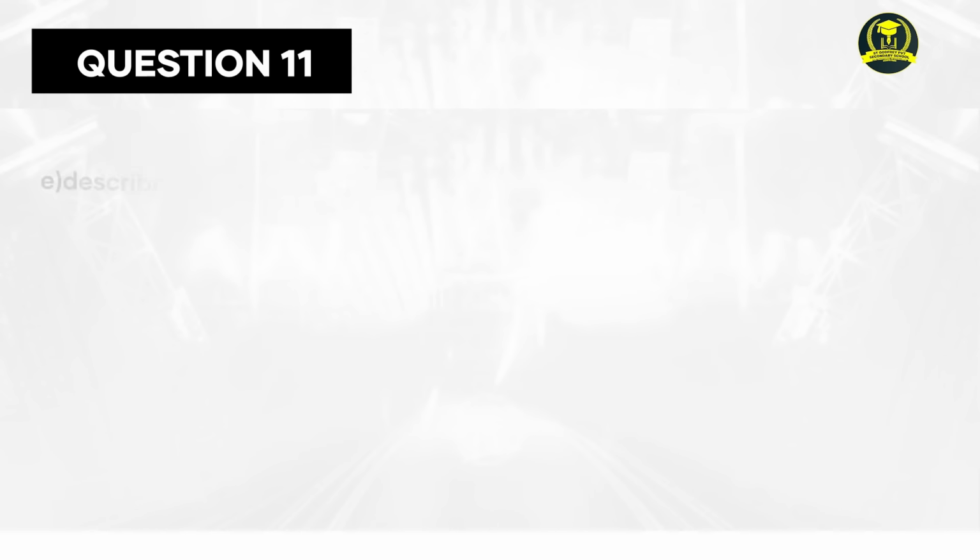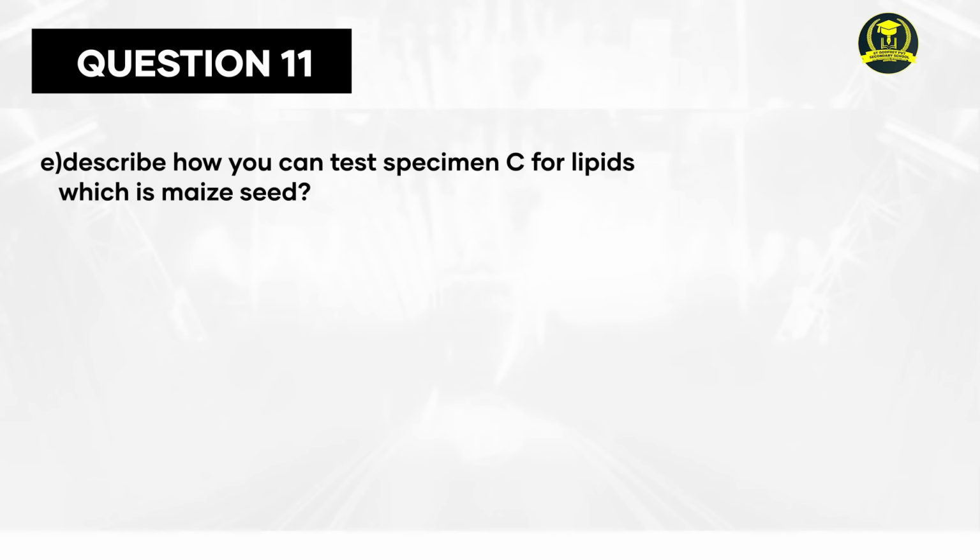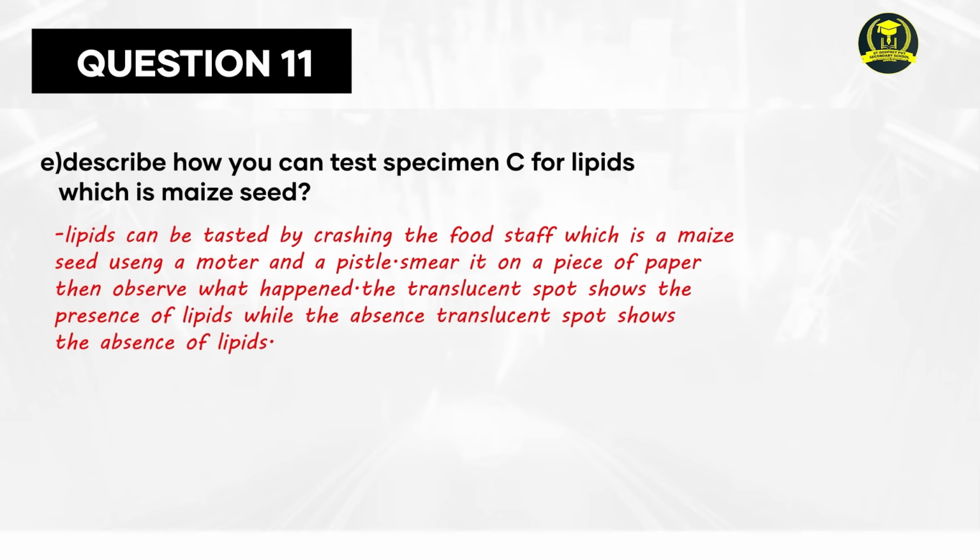Question E. Describe how you can test specimen C for lipids, which is a maize seed. Lipids can be tested by crushing the foodstuff, which is a maize seed, using a mortar and a pestle.